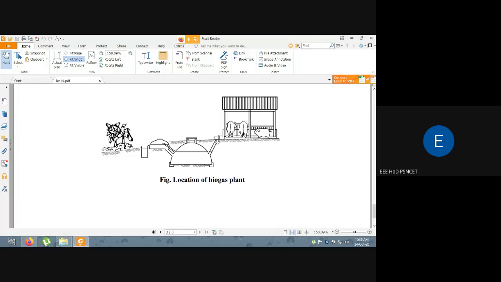Input is mixed with the water, digestion takes place, gas is released, and finally the digested slurry is applied as fertilizer to these agricultural lands. Okay, so these are some important factors to fix the size and site of a biogas plant. Hope you all understand.